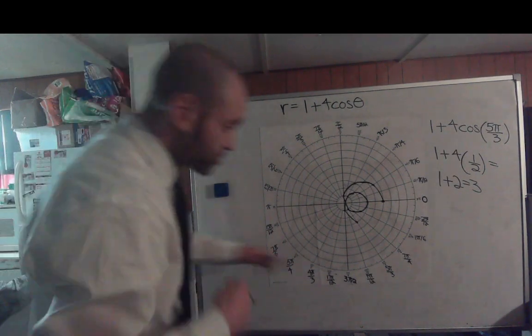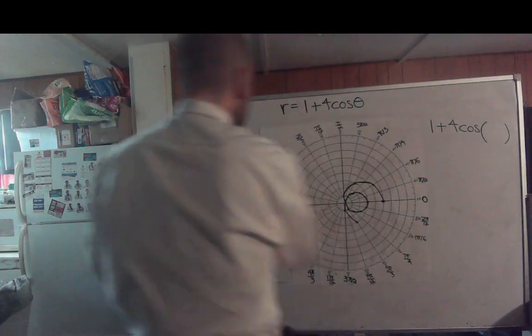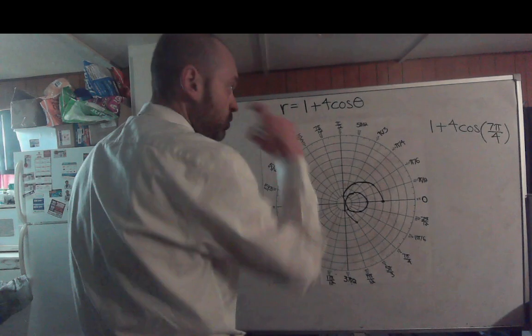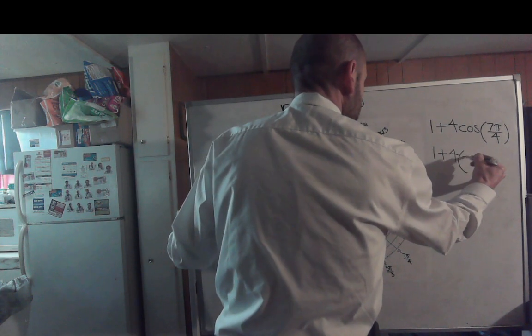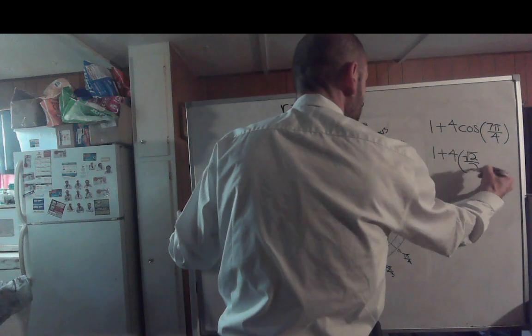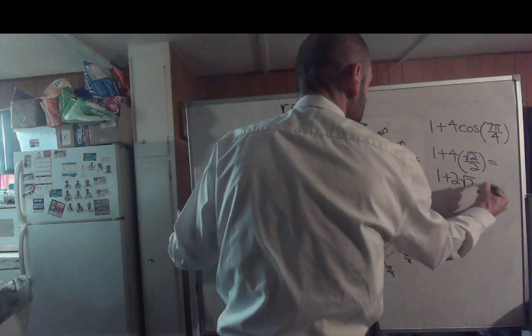And then next special angle is 7 pi over 4. So cosine of 7 pi over 4, well, that's positive cosine in the fourth quadrant. This would be the same as 1 plus 4 times the square root of 2 over 2, which is 1 plus 2 times the square root of 2.